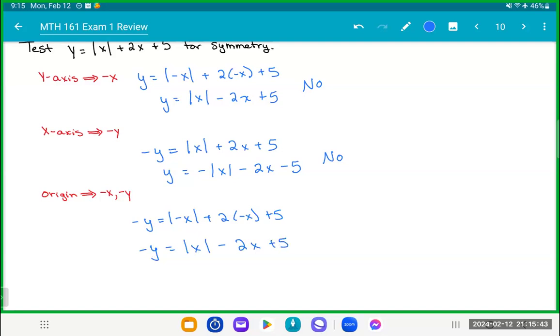Now one more time, let's get the y positive. So if we multiply everything by a negative 1, we get y equals negative absolute value of x plus 2x minus 5. And that is not our original either. So this problem here has no symmetry. Okay, question.